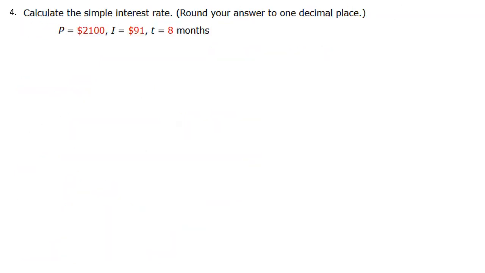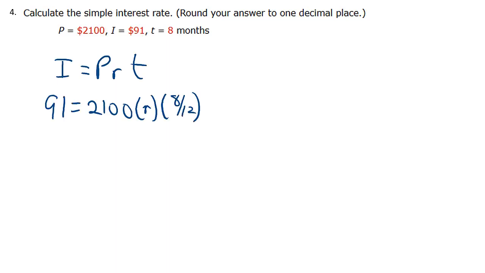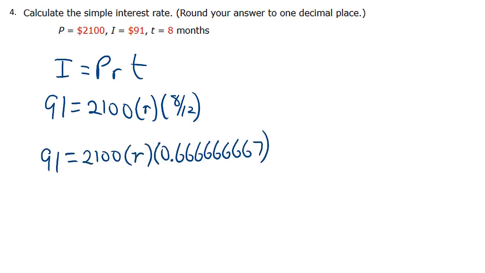Number 4, calculate the simple interest, round your answer to 1 decimal place. P is 2,100. Capital I is 91, that's the amount of interest earned, and T is 8 months. We're using the simple interest formula, but this time we're looking for R, and we know the other variables. So the amount of interest is $91, the principal is $2,100, and the time in years is 8/12 of a year. 8/12 is about 0.666667.